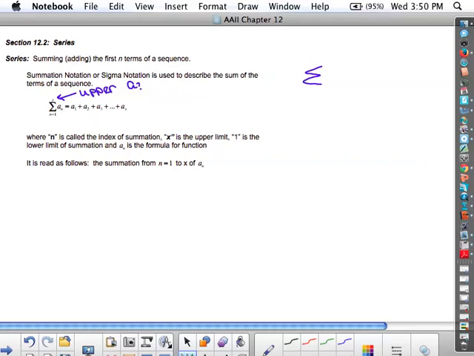Then the 1 is the lower limit, so that's our starting point. So this is our lower limit, and it is where we are starting. And it is read, the summation from n equals 1 to x of a sub n.